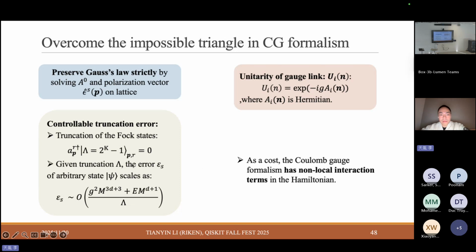So although we can overcome the impossible triangle, we need to introduce the non-local interaction terms in the Hamiltonian after fixing to the Coulomb gauge.